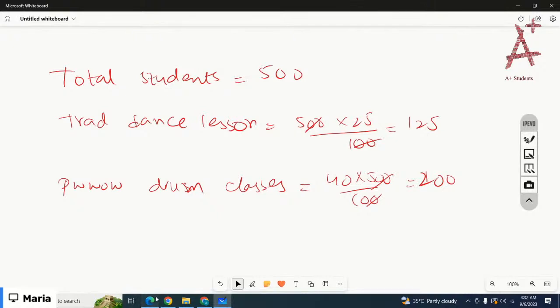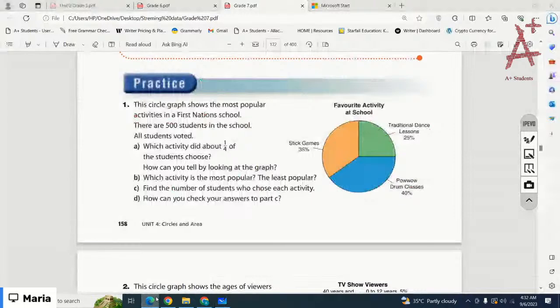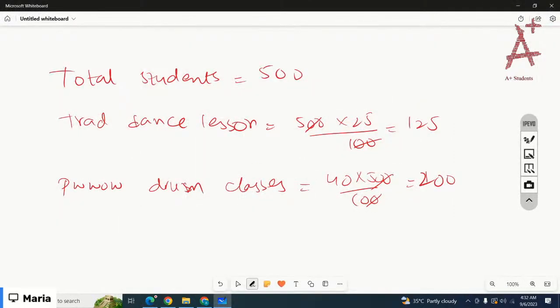The last value is 35%. So you have to calculate 35 times 500 over 100. So it would be 175 of the students are doing activity 3, right? If you add these three numbers, they sum to 500. You can check by adding, right?